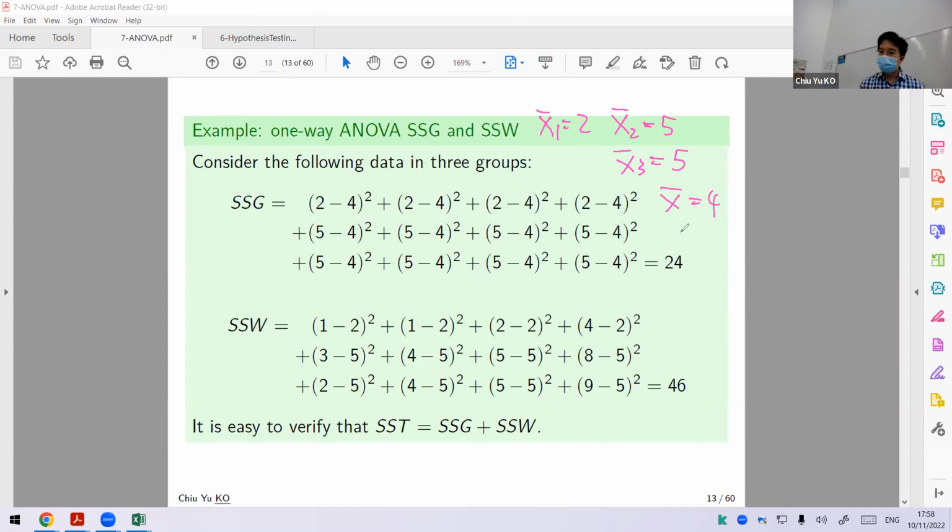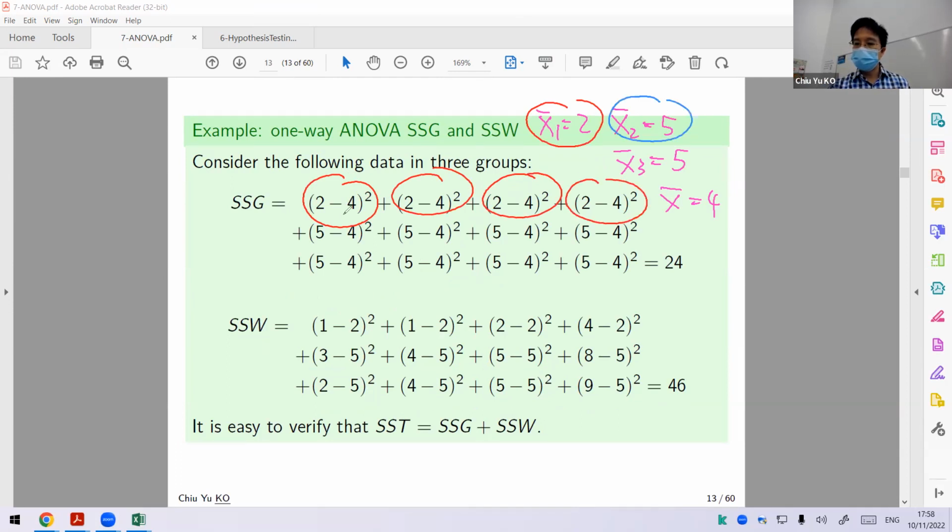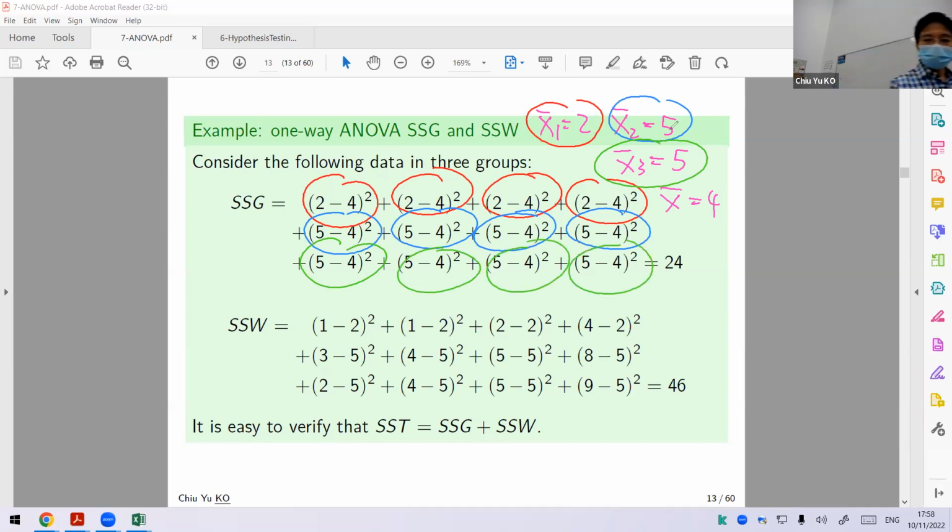So that's how you can see I have x bar here, and I replace 2 here, and I have green here. That's how you end up with 24. That's how you calculate it, because you're looking at each group mean to the overall mean.